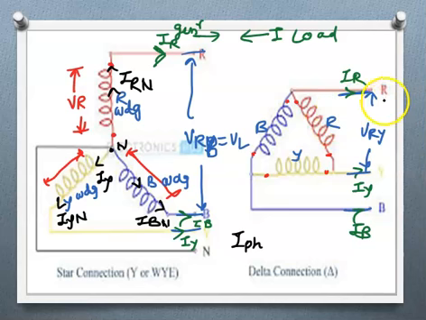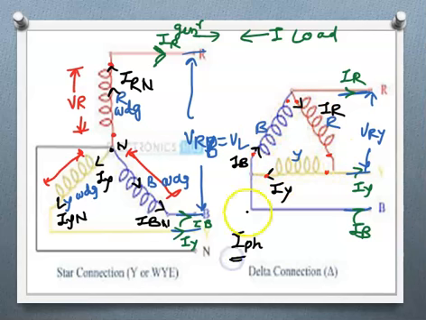And here also the current here is IR, the current here is IY, and the current here is IB, are the phase currents, because these are the currents flowing through a particular phase or winding, called phase current, and the line currents flow in the supply lines.